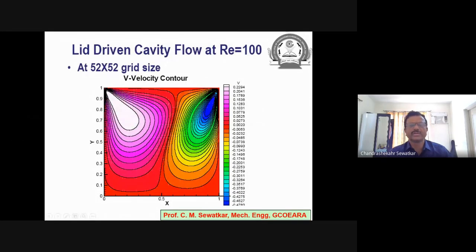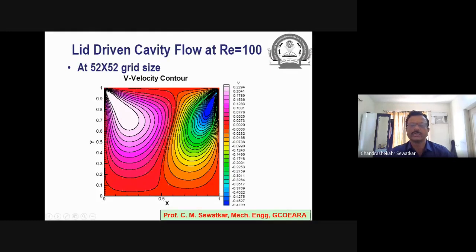The grid size used here is 52 by 52 in all the cases. You can see at the top, u velocity is dominant and v velocity is almost zero. The red color indicates almost zero velocity. But here the v velocity is negative, and here the v velocity is positive.